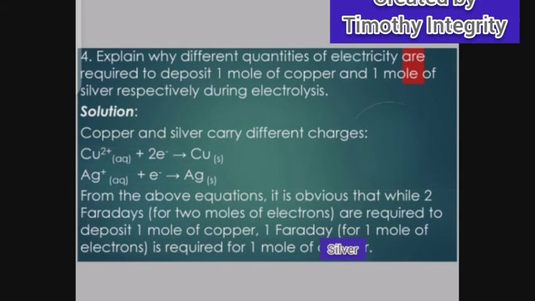From the above equations, it's obvious that 2 Faradays, that is 2 moles of electrons, are required to discharge 1 mole of copper, while 1 Faraday, that is 1 mole of electrons, will be required for 1 mole of silver. So that is the explanation.